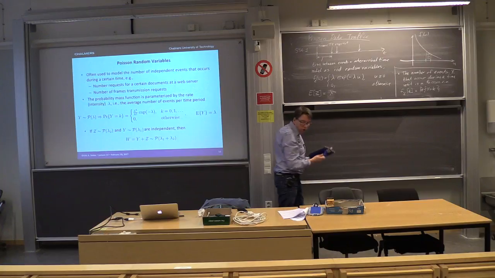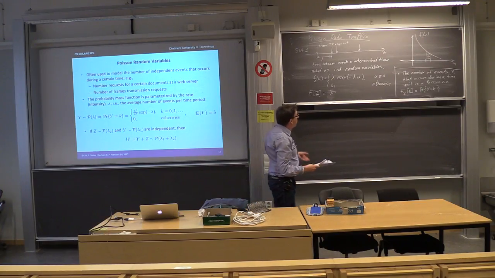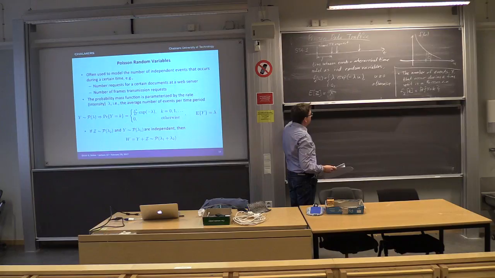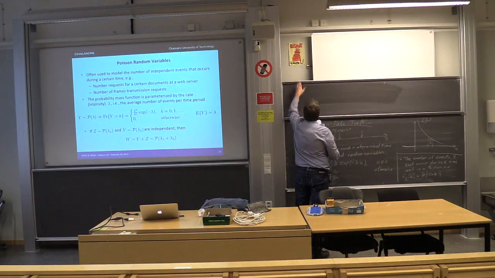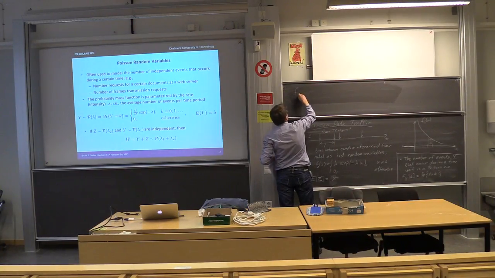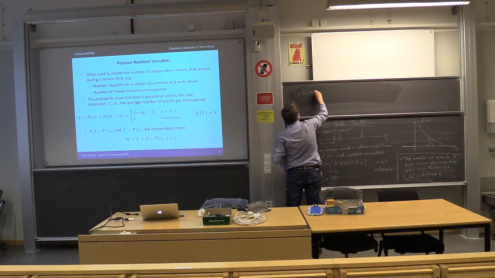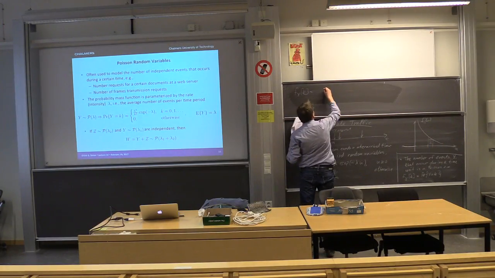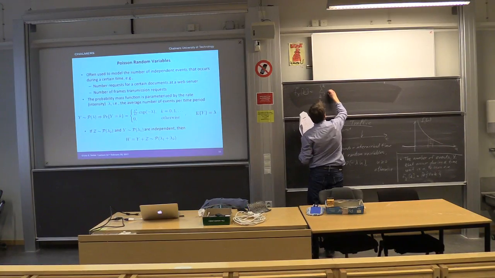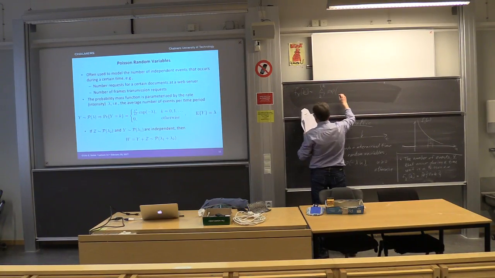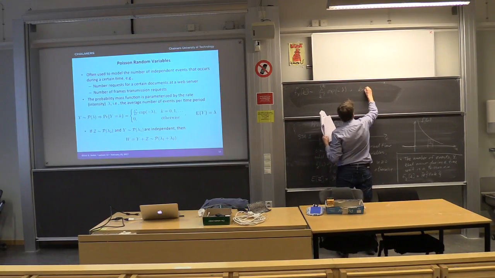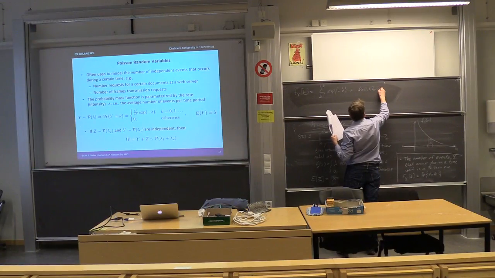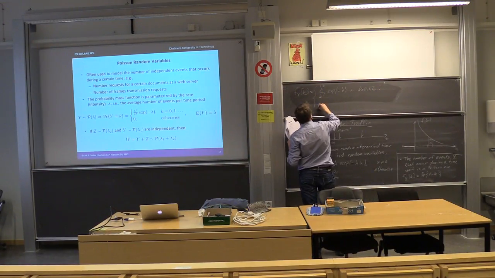So what is that function? It is lambda raised to the power of k divided by k factorial, times e to the negative lambda, for k equals 0, 1, 2, etc. And it's 0 otherwise.